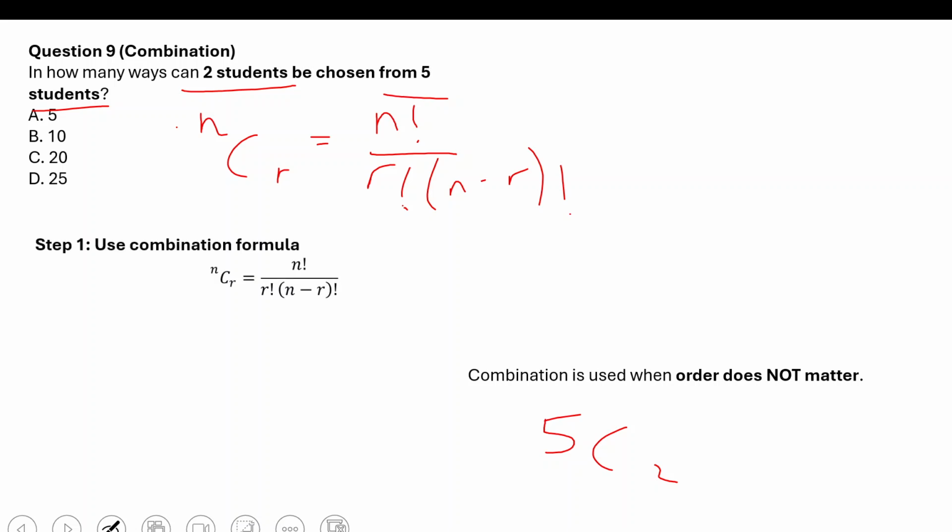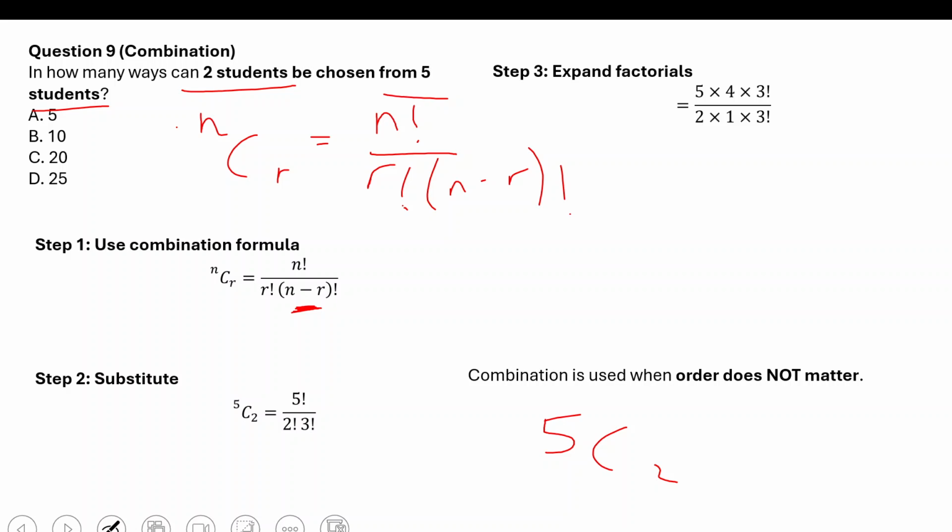Okay, let's see. So this is how it is written. Plug in the values there. I have 5, I have 2, so 5 factorial all over 2 factorial times 3 factorial. 3 factorial came because 5 minus 2 is 3, right?